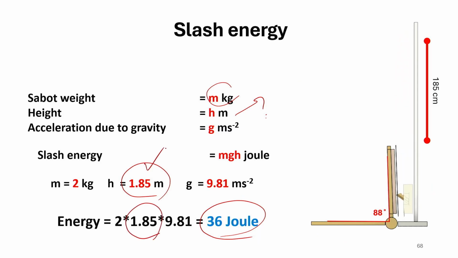If we know the 36 joule standard energy required, and we have 2 kg as the weight of the sabot, then the height kept was 1.85 meter.